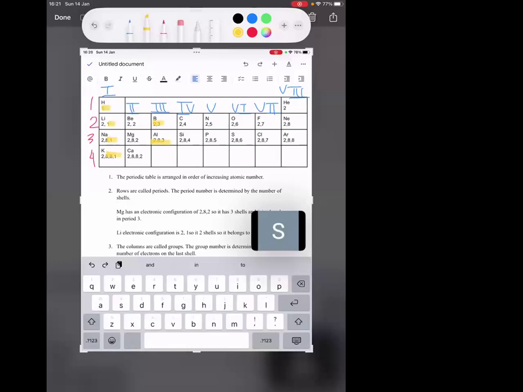We have group 7, those have 7 electrons on the last shell. Chlorine has 7 electrons on the last shell. What can we say? The number of electrons on the last shell tells what? The group number. Group number is determined by the number of electrons on the last shell. Clear? Yes, miss.